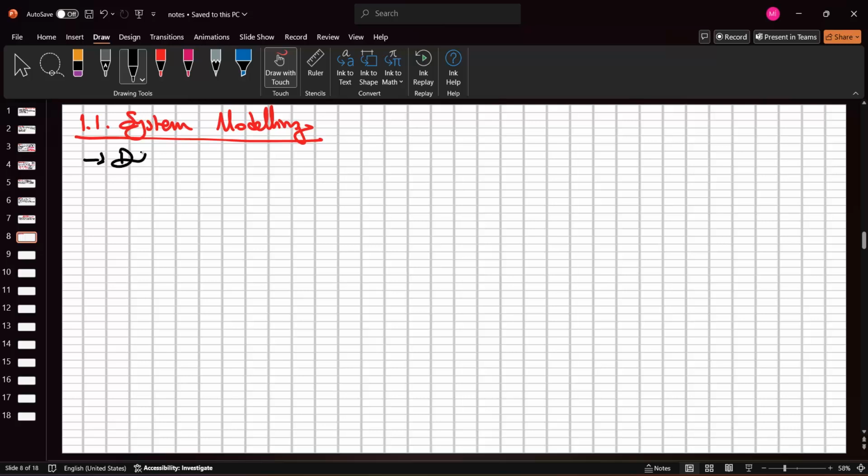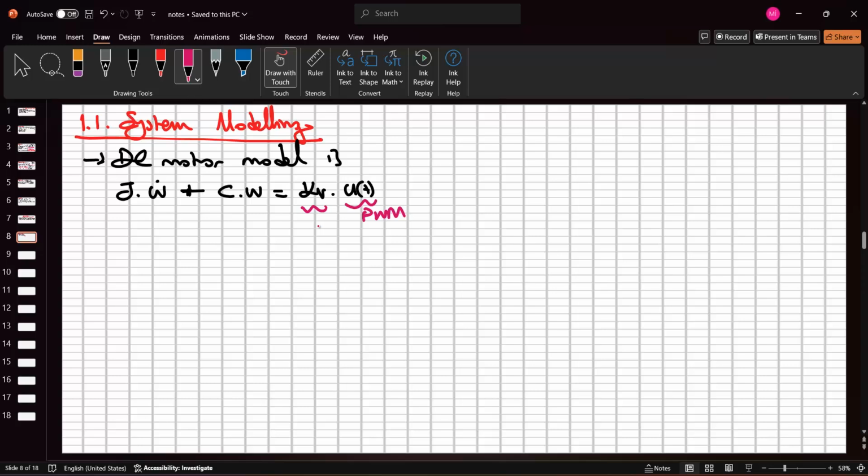The DC motor model is given by J omega dot plus C omega is equal to K_v u(t). Just remember the previous form. This is the PWM, coming from your discrete model.